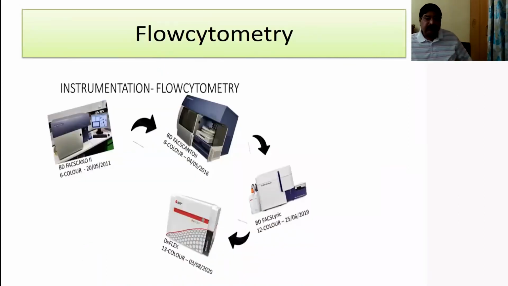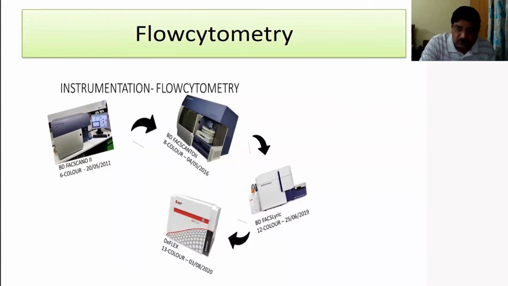So as I mentioned, beyond morphology we had flow cytometry, and flow cytometry is also evolving over the years. About a decade and a half ago, you had the 6-color, 8-color flow cytometers. You can see that these top two are BD FACSCanto II. One is a 6-color, another one is an 8-color flow cytometer.